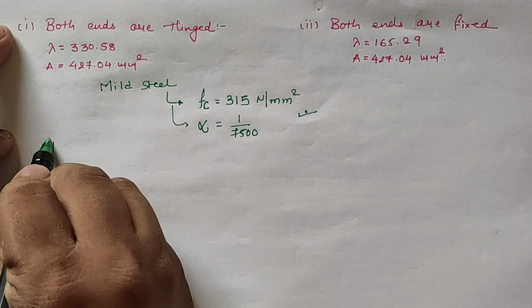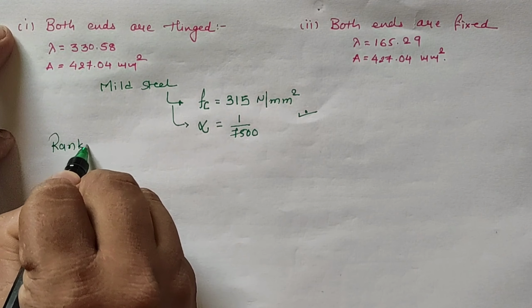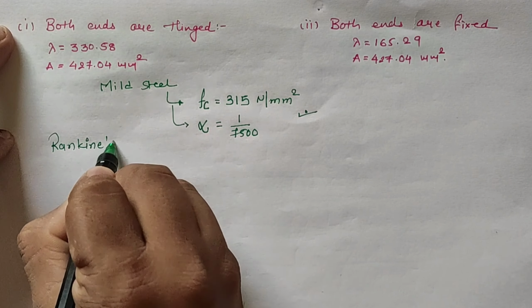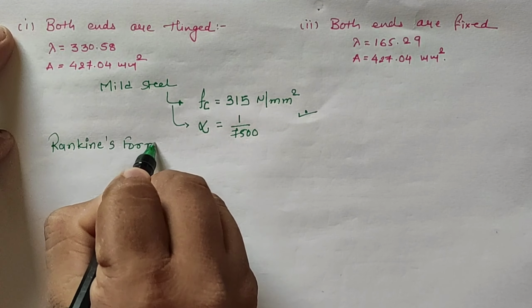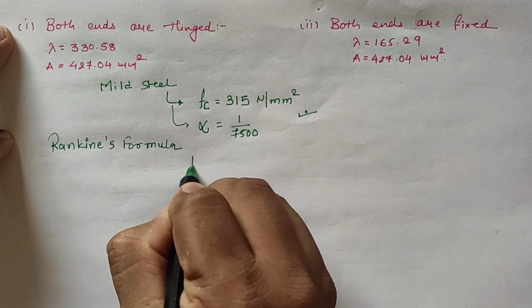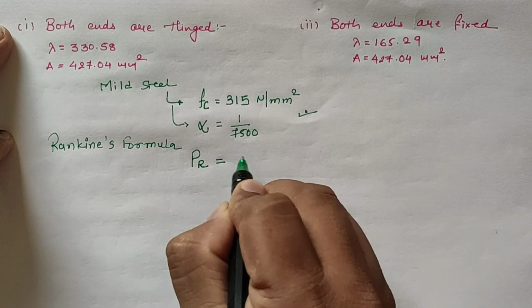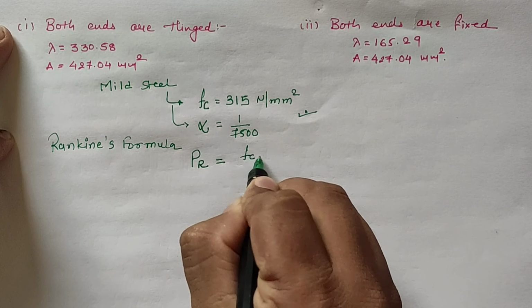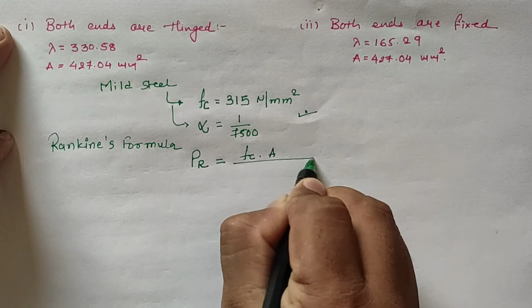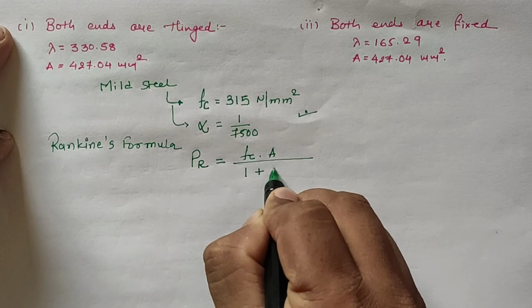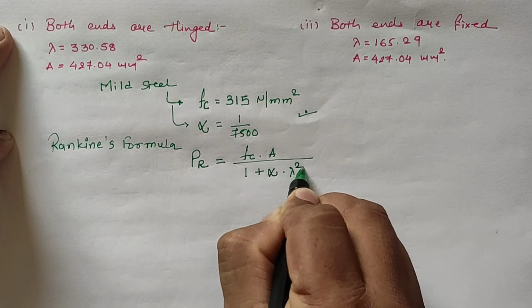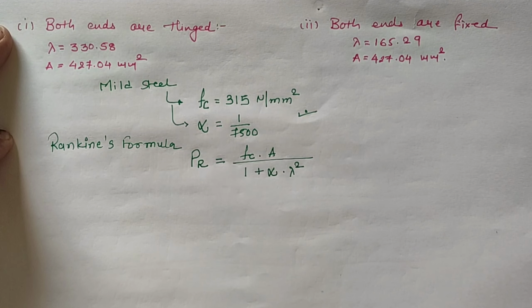Now for strut we have to use Rankine's formula, and the crushing load PR or Rankine load PR is equal to Fc into A divided by 1 plus alpha into lambda square. It can be used for both the cases.